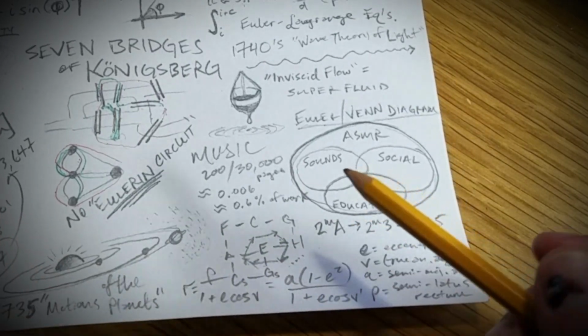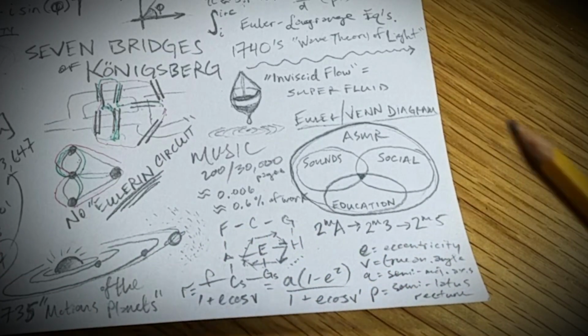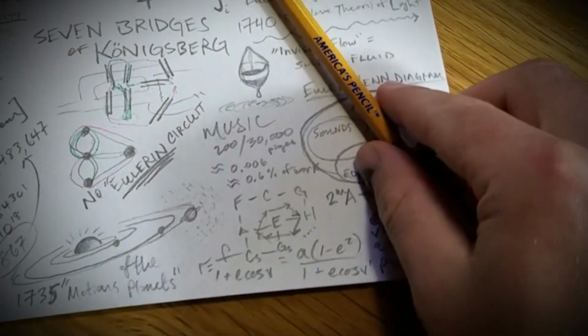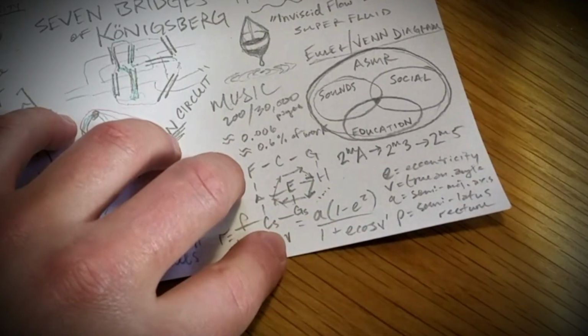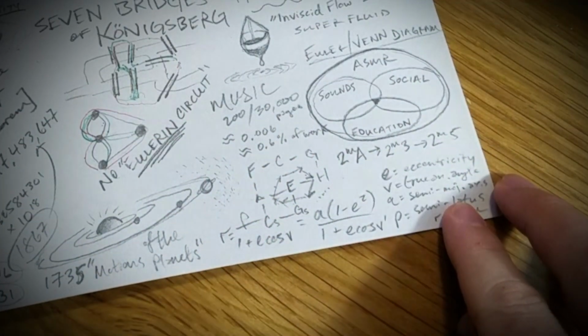But, yeah, it was some weird diagram that I'm sure really makes sense to anybody familiar with music theory, but it was way out of my scope. So, that about does it for Euler.